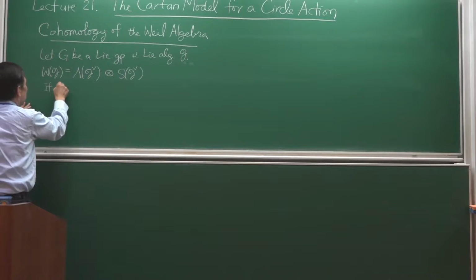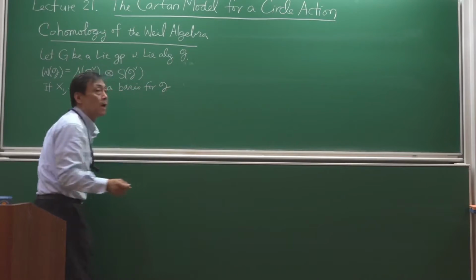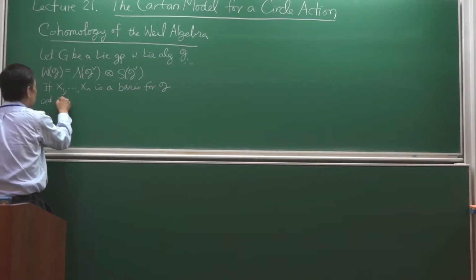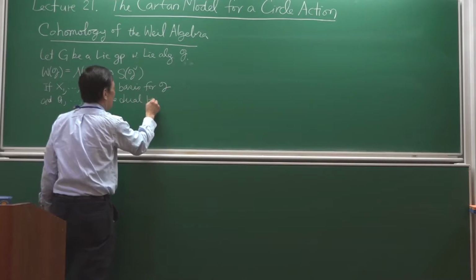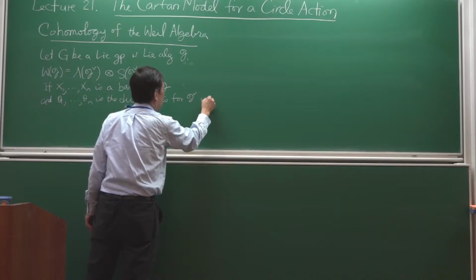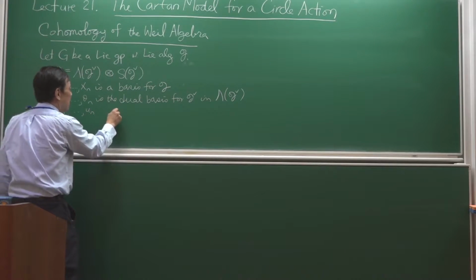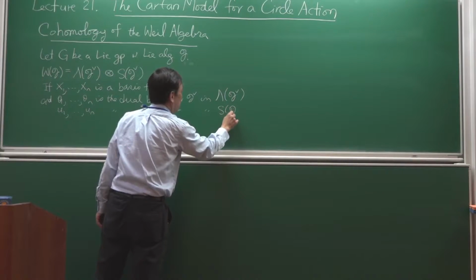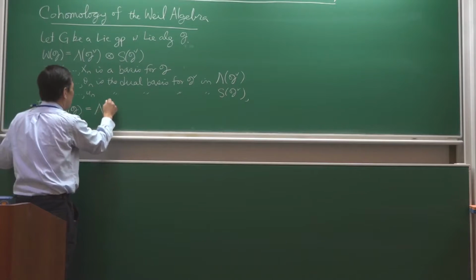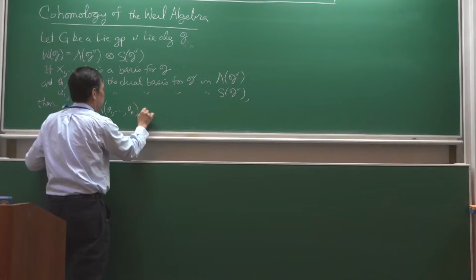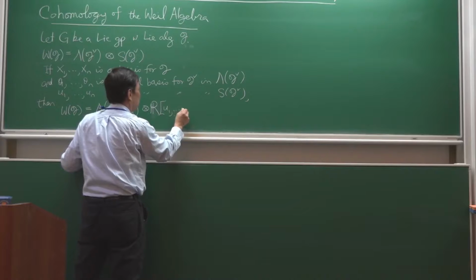So if x1 to xn is a basis for g, and theta 1 to theta n is the dual basis for g dual in the exterior part, and u1 to un is the basis for g dual in the symmetric part, then the Weil algebra is also the exterior algebra generated by the thetas tensor with the symmetric algebra, which is the polynomial algebra generated by the u's. Okay?